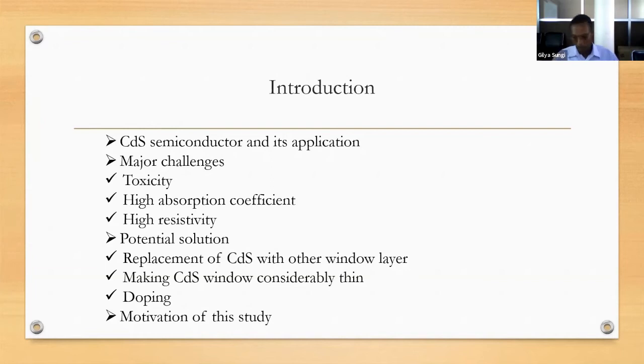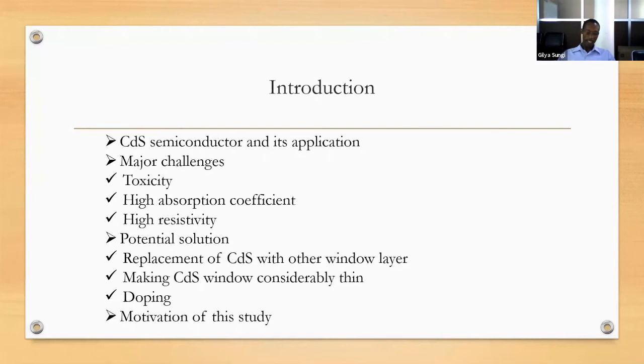Several attempts have been made to replace cadmium sulfide as a window layer due to its cadmium content, but these have not yet succeeded. This still makes cadmium sulfide stand out as a potential material for application in solar cells as a window buffer layer.